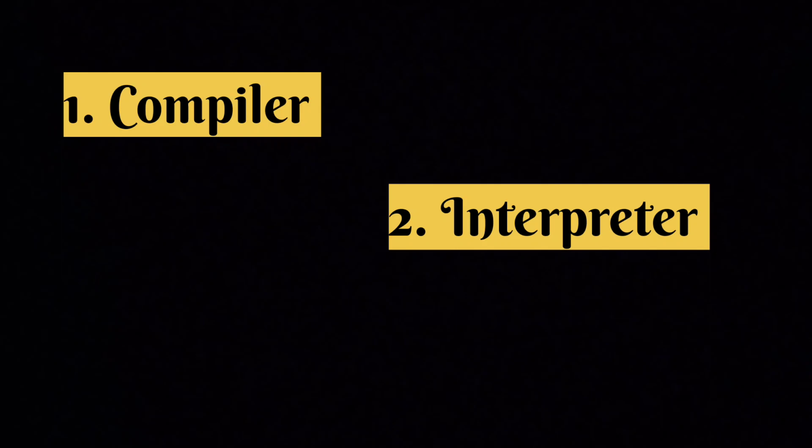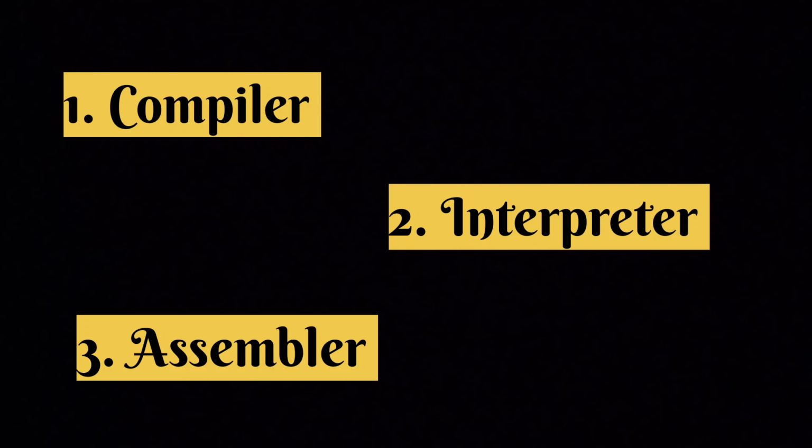Second one is interpreter. An interpreter translates high-level code into machine code line by line or statement by statement, executing each part immediately. Interpreted languages include Python and JavaScript.